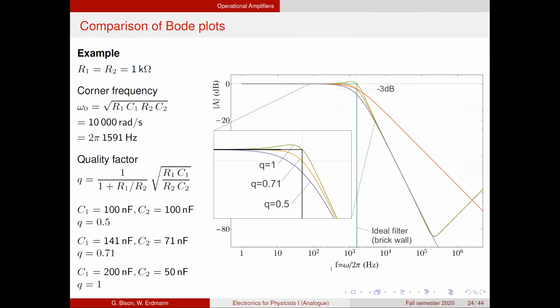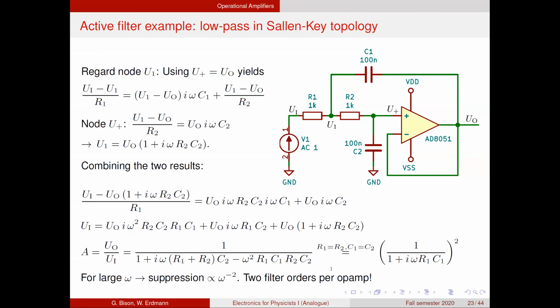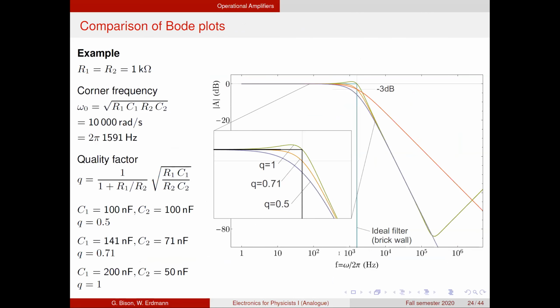Okay, now in order to see this simple expression here, we've chosen the components in a certain way, but it's not the only choice we have. We can choose them differently. In order to make the example easy, we choose the resistances equal, and we then find that this is a low-pass filter with a certain corner frequency given by this expression.